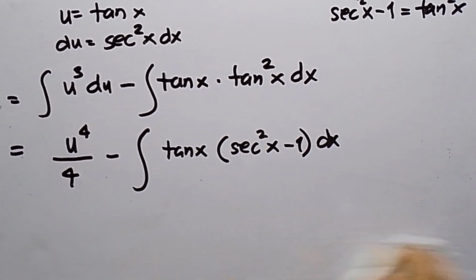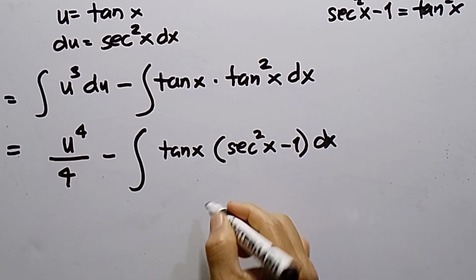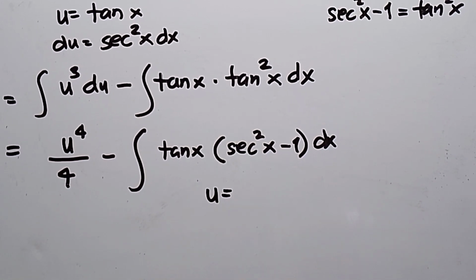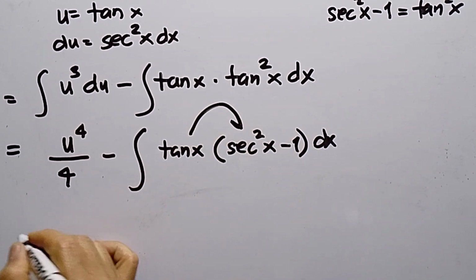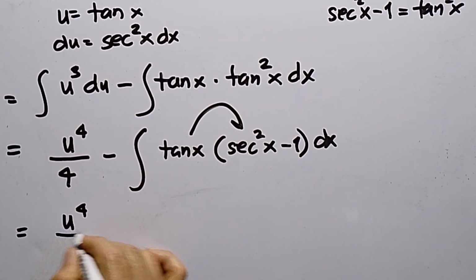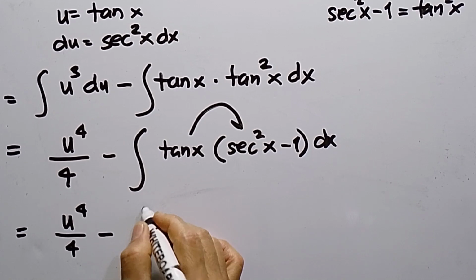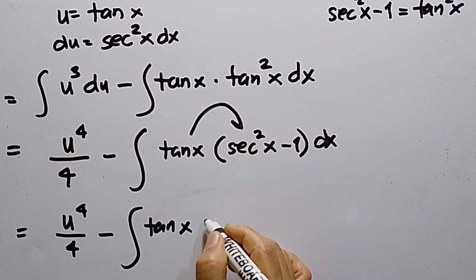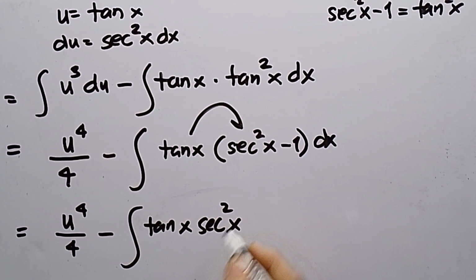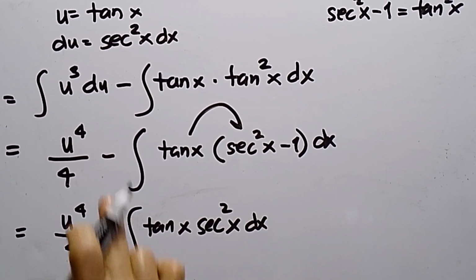So I need to erase. This will be u. I need to distribute first. So this will be u to the 4 over 4 minus integral of tangent x times secant squared x dx.